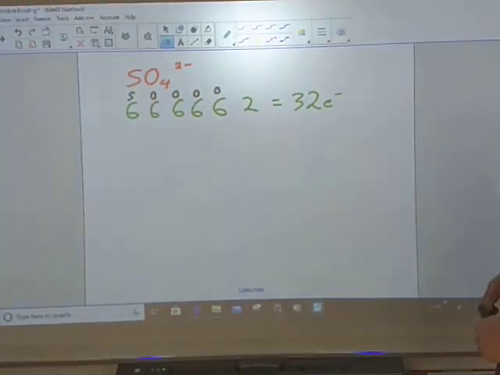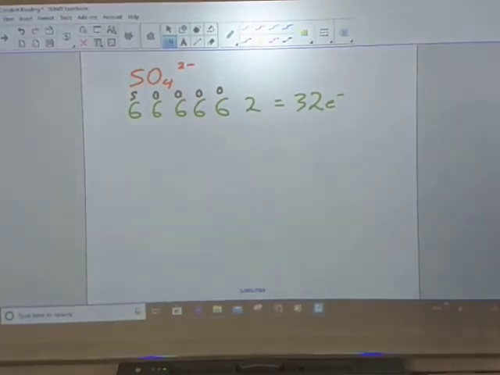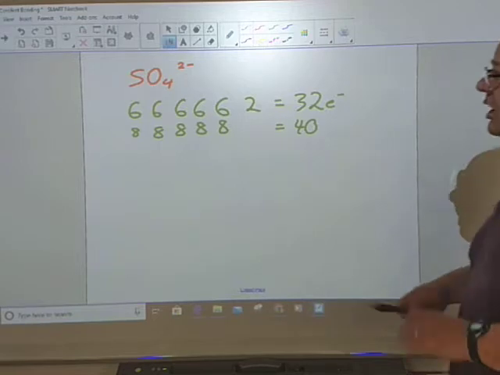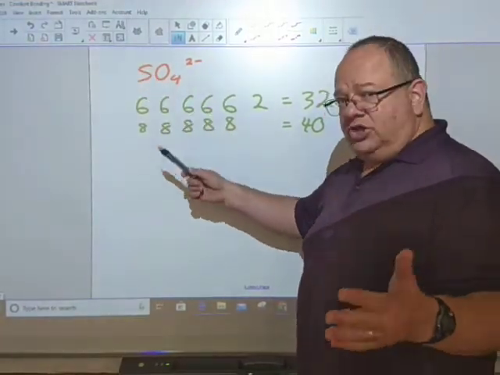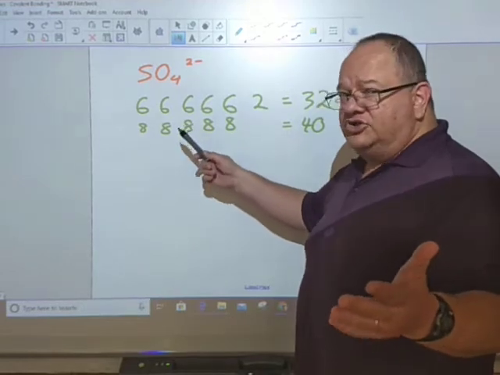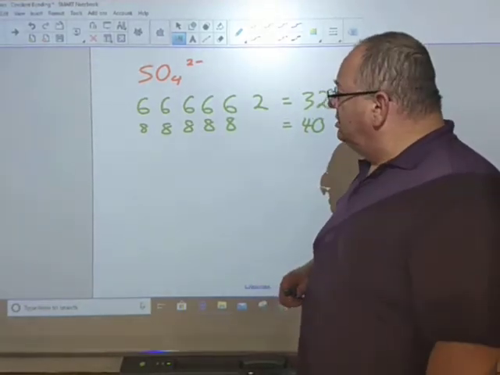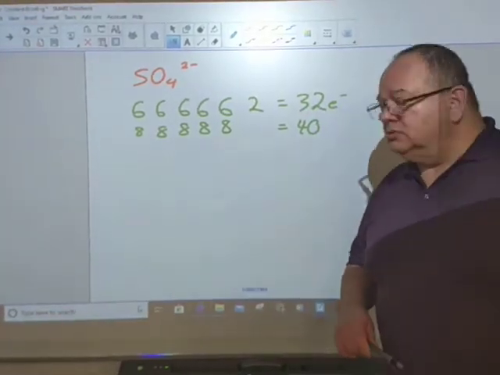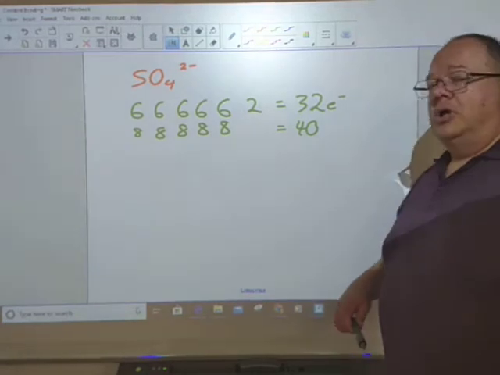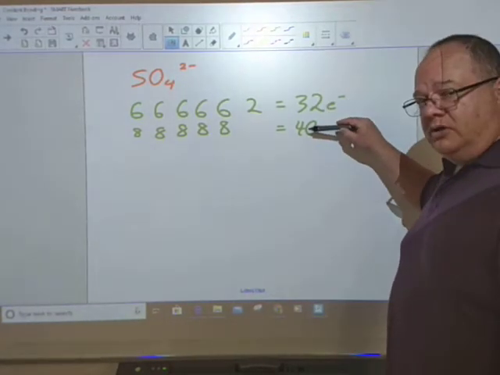Step 2 says, how many electrons do the atoms want? Well, sulfur would like 8. Oxygen would like 8. The other oxygen wants 8. The third oxygen wants 8. The fourth oxygen wants 8. So altogether, those 5 atoms would like to have 40 electrons. Step 3: subtract this one from this one.